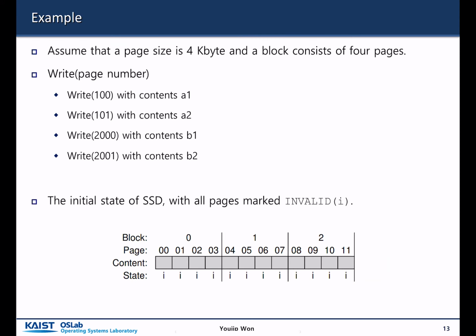So let me provide an example. Let's say that page size is 4 kilobytes, and a flash block is small, consisting of 4 pages. So we are writing 4 pages, LBAs 100, 101, 2000, 2001, and the contents correspond to A1, A2, B1, and B2.